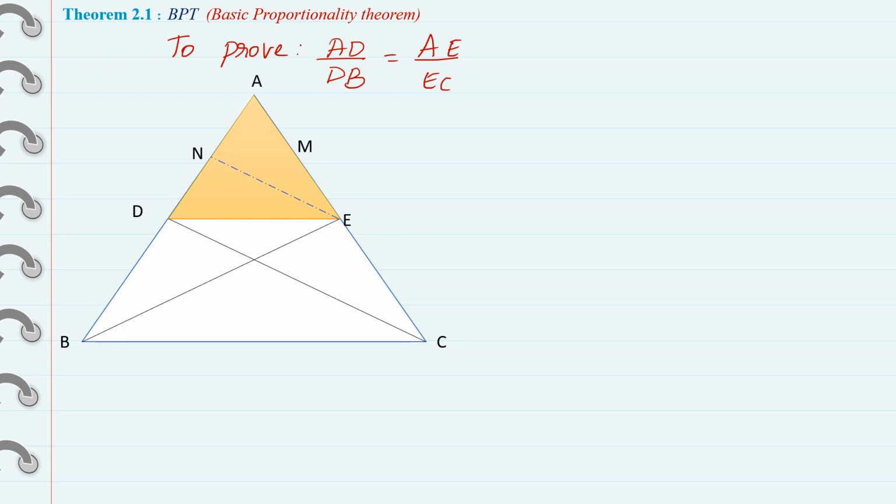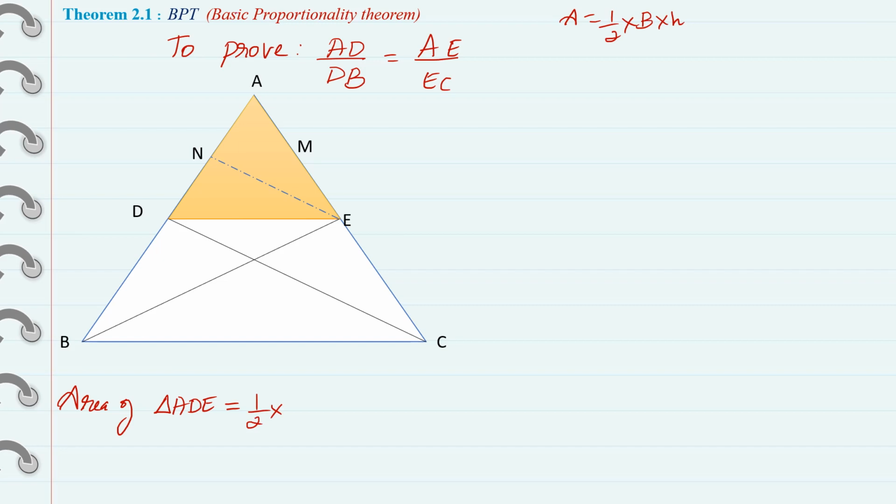So before that, see the figure. ADE is a triangle, right? So we need to find the area of triangle ADE. We know that area is equal to half into base into height, right? So half into what is the base?